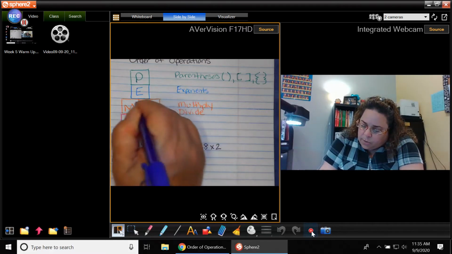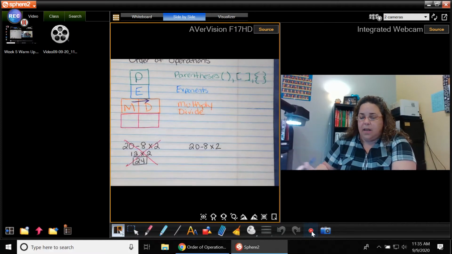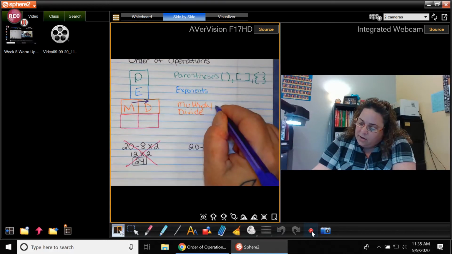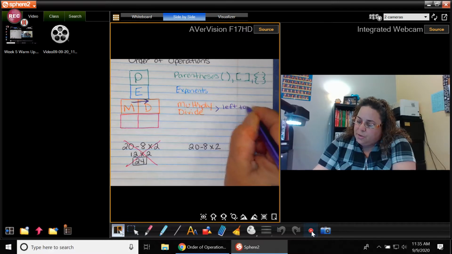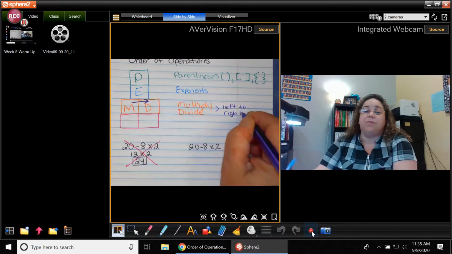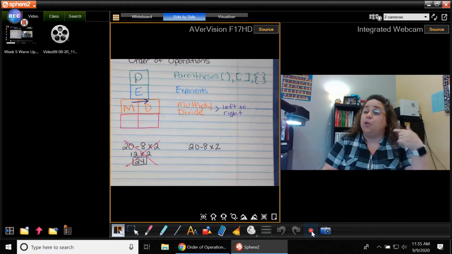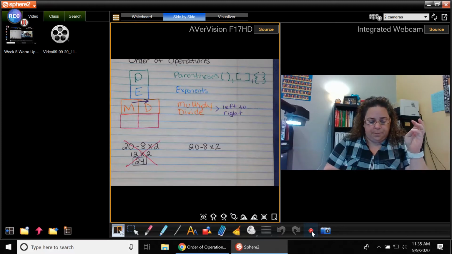So right here, we're going to draw a left to right arrow, and I'm going to write that right here: left to right, which means if division comes first in the math problem, you divide first. So you work from left to right, okay?